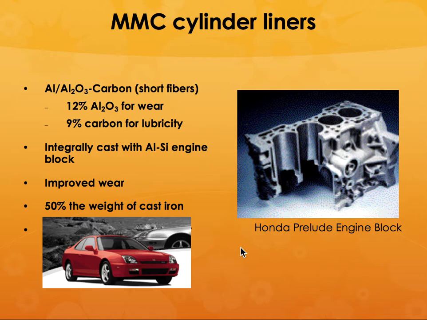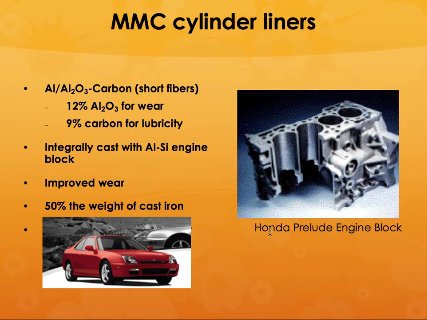So these are different kinds of metal matrix composites used in different applications. So if you had alumina with carbon short fibers, you have 12% alumina for wear and 9% carbon for lubricity. So it can be integrally cast with aluminum silicon engine blocks.